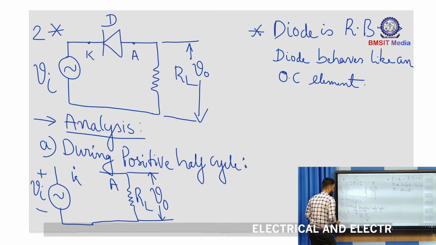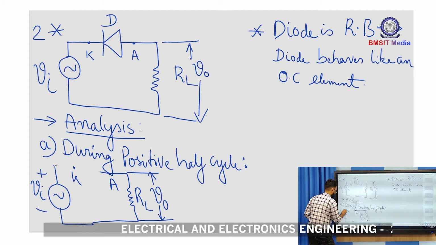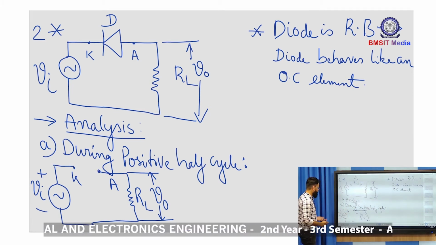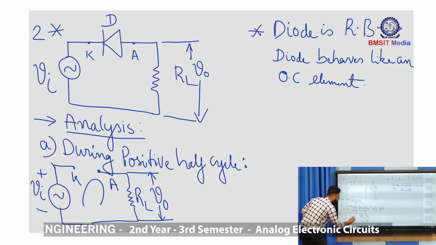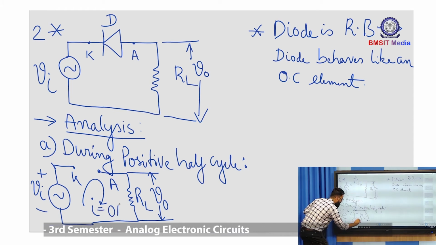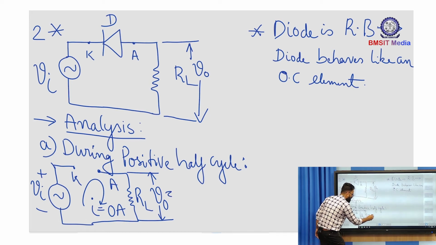Okay. So we'll just remove the diode. And that's your open circuit. So during open circuit, there won't be any current flow, hence you can write I is equal to 0 amperes. So since there is no current, obviously there will be 0 voltage.